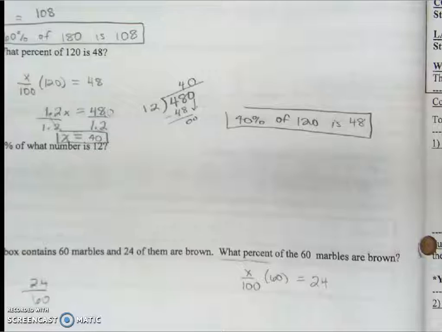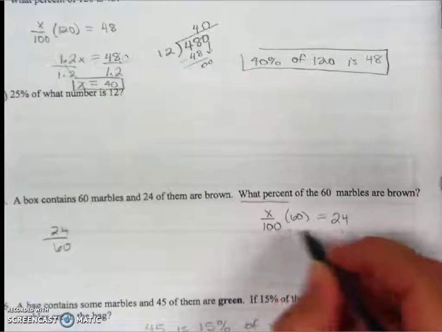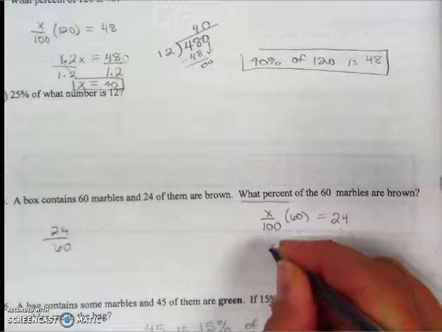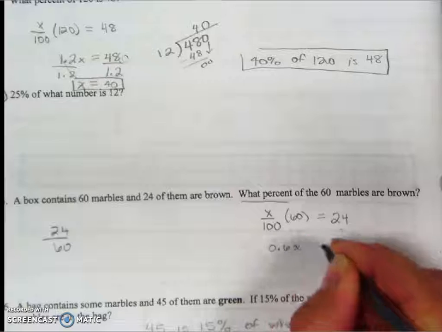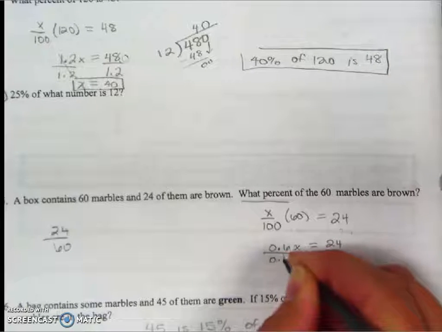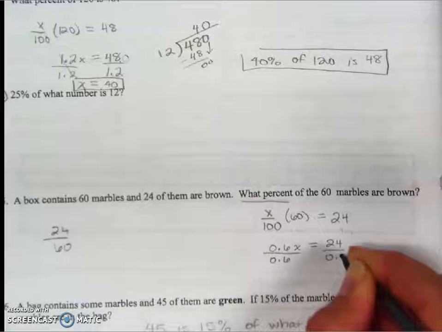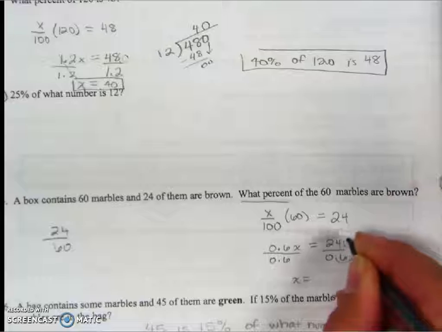So we can set it up like that. And I'll just show you both. So remember 60 over 100, 60 hundredths would be the same thing as 0.60 or 0.6. X equals 24, where I then divide both sides by 0.6. Swoosh it out once, add that 0.